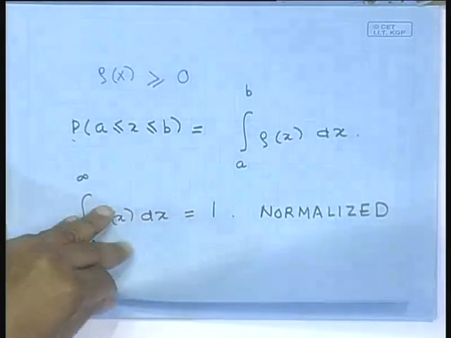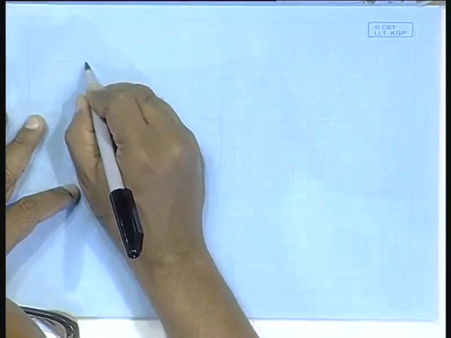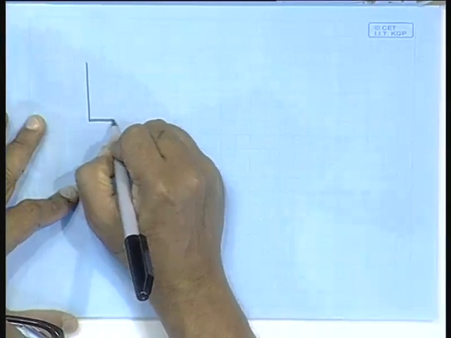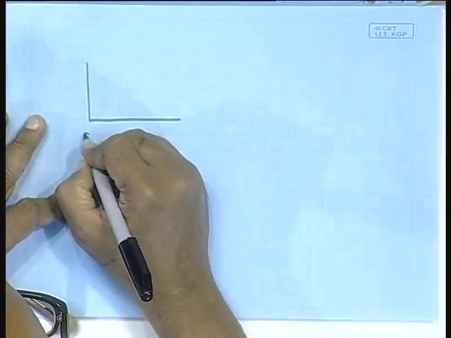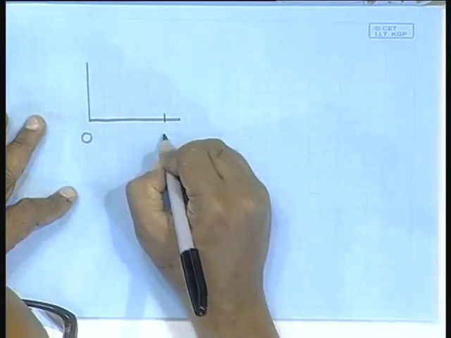Let us take an example. The example which I am going to discuss is as follows. We are going to consider a particle which is restricted in the range 0 to pi.